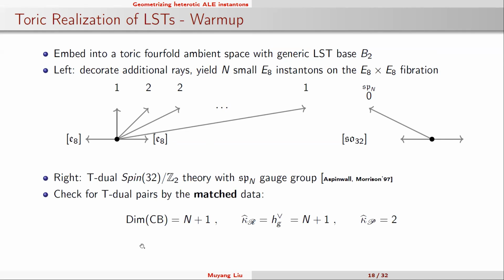Then, of course, we utilize the formulas for the two-group structure constant as well as the Coulomb branch dimensions, and it's obvious that those two series pass the T-duality conditions. And of course, now we can decorate more non-trivial gauge algebras on each additional ray, and that will give you richer structures in the T-dual series.